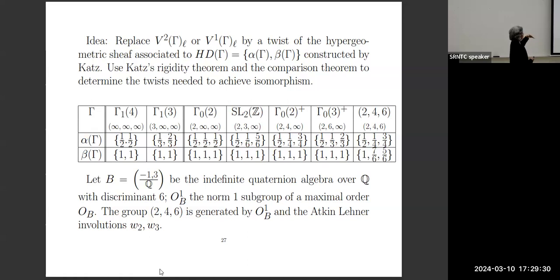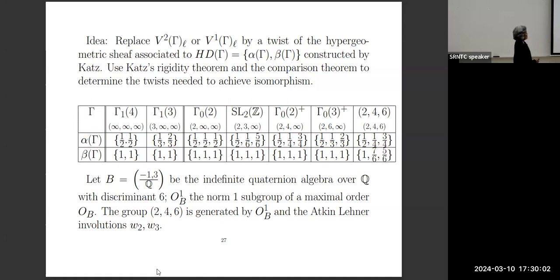They are gamma_1(4) and gamma_1(3). The remaining ones are projective groups, so we leave that inside SO2R, and therefore they contain minus identity. They are gamma_0(2), SL2(Z), gamma_0(2) together with the Atkin-Lehner involution at 2, and gamma_0(3) together with the Atkin-Lehner involution at 3, and another group (2,4,6).